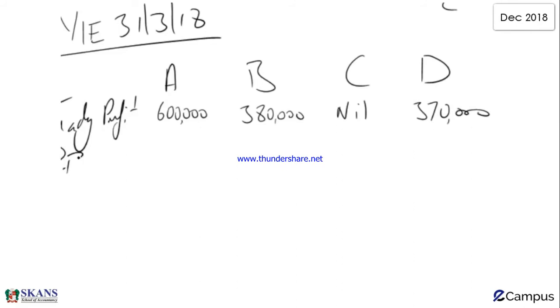The other income which all of the companies are earning is property business profits of 20,000, of 10,000, of 20,000, and of nil.